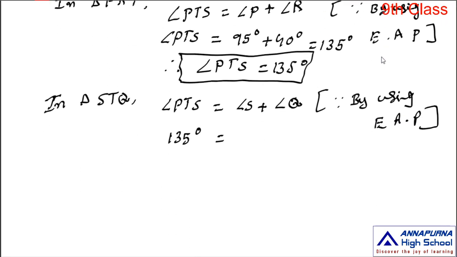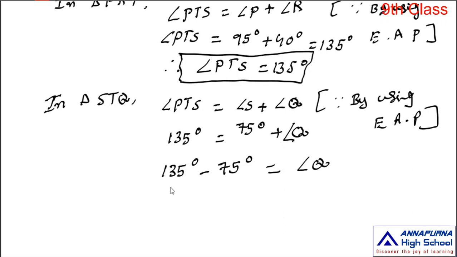This is the given angle. 75 degrees plus angle Q. Transpose 75 degrees to the left hand side. So 135 degrees minus 75 degrees is equal to angle Q. Subtract 135 degrees and 75 degrees.